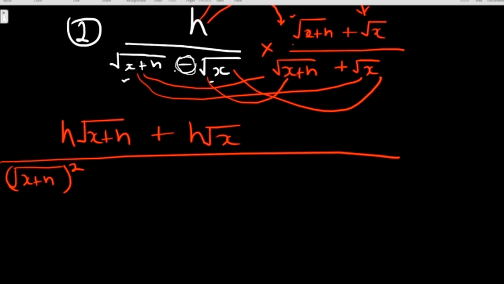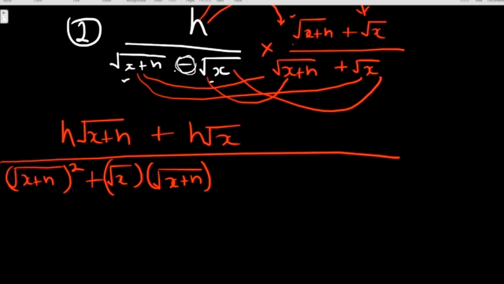Root of x plus h times root of x will give you plus the root of x multiplied by the square root of x plus h. Okay, they are multiplying, so this is the best way to represent the multiplication to avoid confusion. Now we're done multiplying the first term by everything on the right. Let's now go ahead and multiply the negative root of x by everything on the right as well.